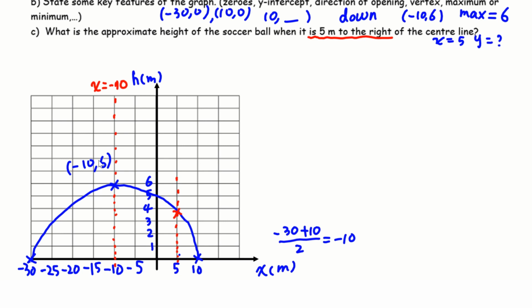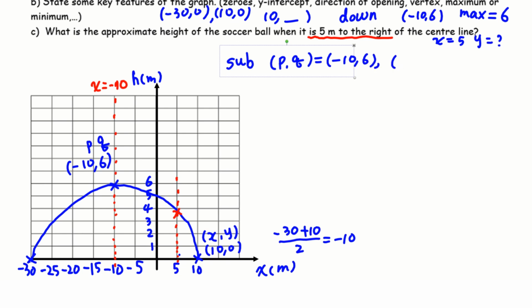So from this question, you will see the PQ is given, and we could pick one of these points as xy. So we may just pick the 10, 0 as xy. Then we find the equation. So sub PQ equals -10, 6, xy is one of the points on the graph, but not the vertex.